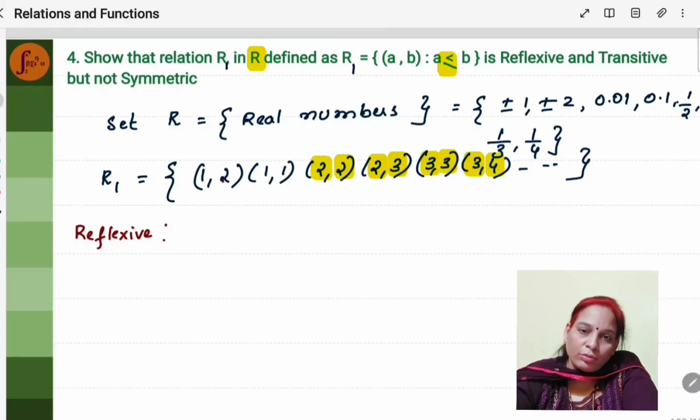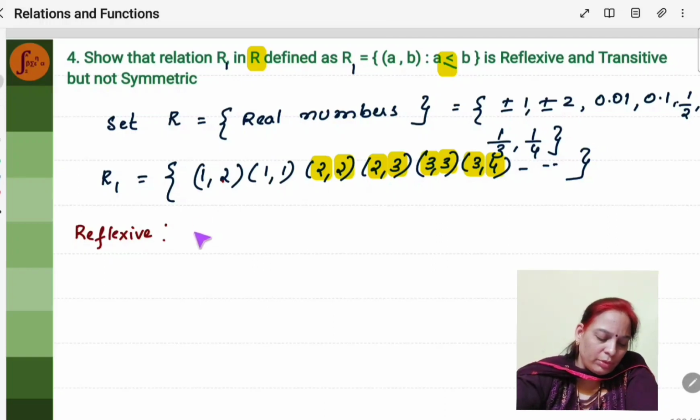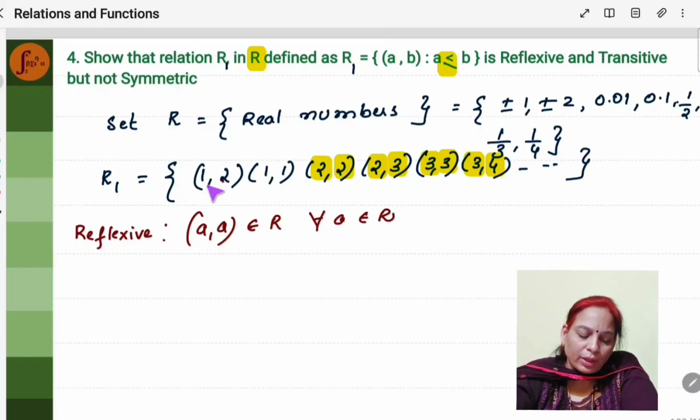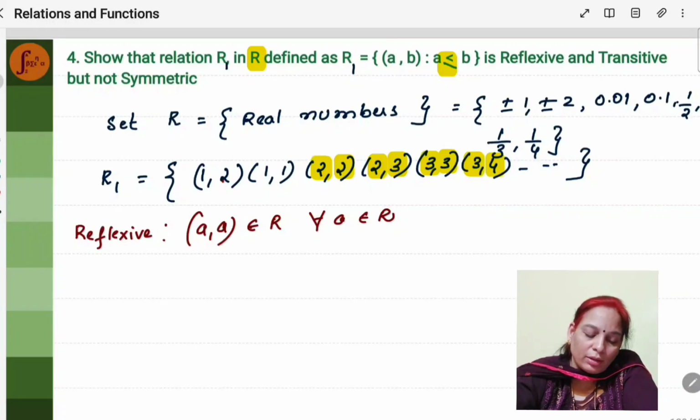Now for reflexive, what is the condition? A comma A should belong to R for all A that belongs to R. If you take every real number here, you can have the same first element and second element, and it satisfies this condition.